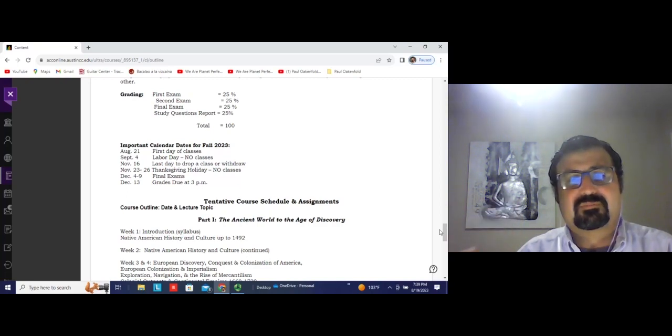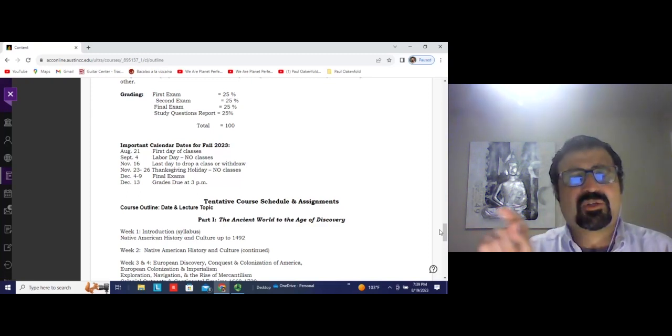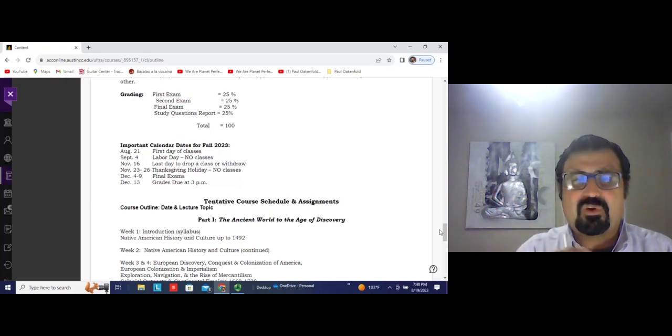improvement and effort. Meaning that when I'm calculating grades at the end of the semester, I'm going over student by student their grades, and what I pay attention to is if they were improving from the first to the second to the final exam.